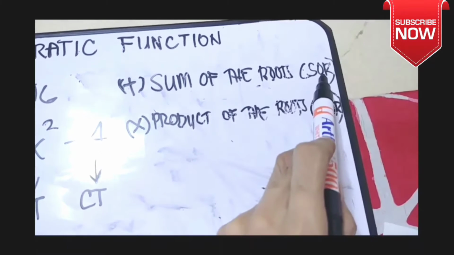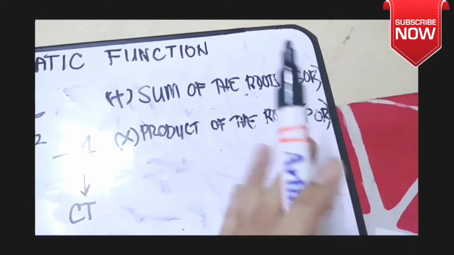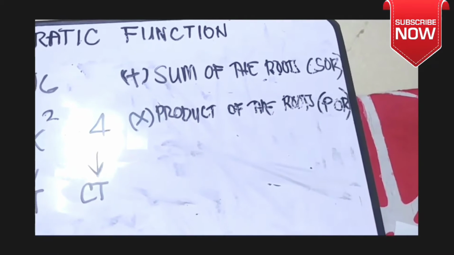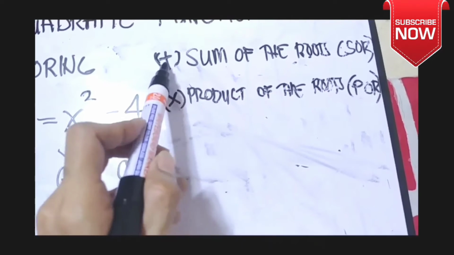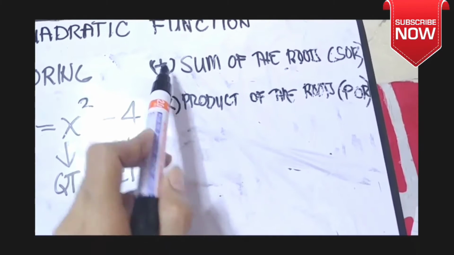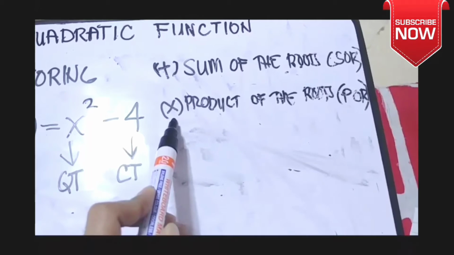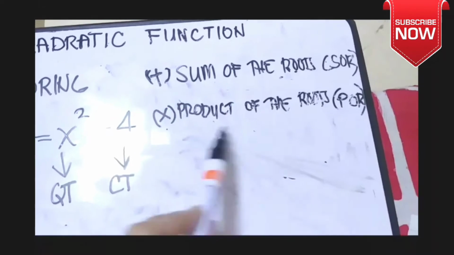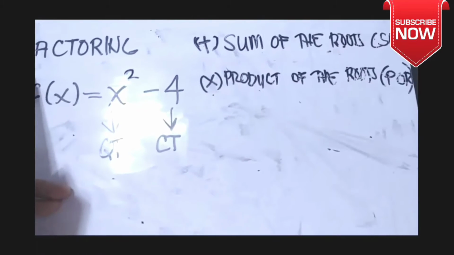So nilagyan ko ng acronym, sum of the roots SOR and product of the roots POR para mas madaling ma-familiarize. Okay. So from the word itself, sum, ang operation ay plus or positive. And product, ang operation are times or multiplication. Okay. Anong kinalaman ni SOR at POR sa quadratic equation when it comes to factoring?